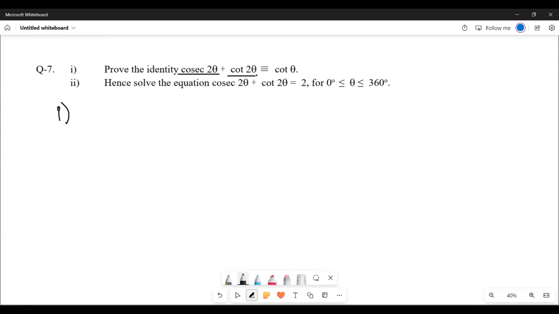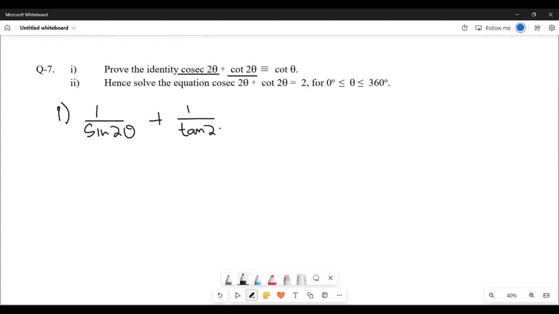Cosecant is the reciprocal of sine. So this can be written as 1 by sine 2 theta plus cot 2 theta is 1 by tan 2 theta.